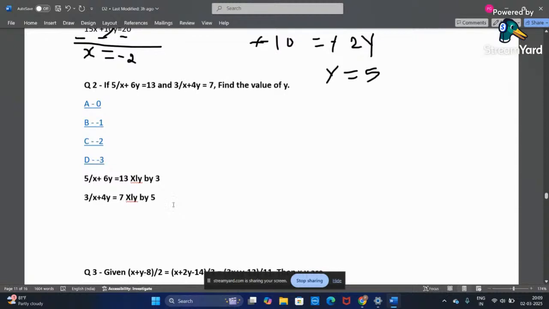What is the answer we're going to get after multiplying this? If it's there also, no issue. Just we can solve.